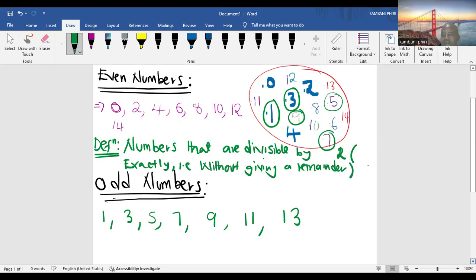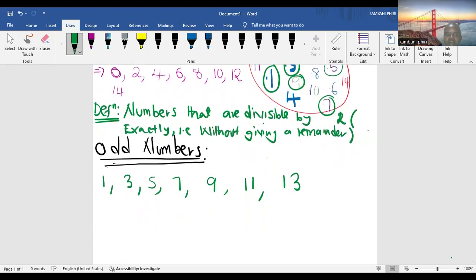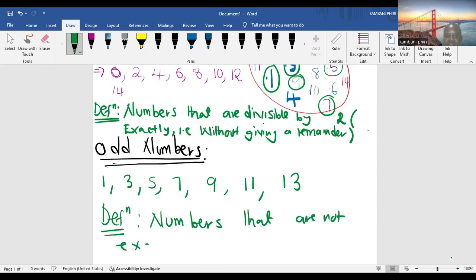What does it mean? For odd numbers, we can say these are numbers that are not exactly divisible by 2.